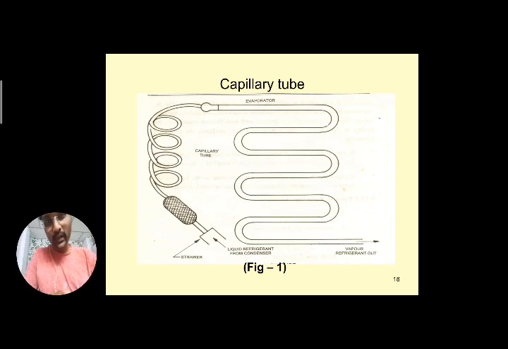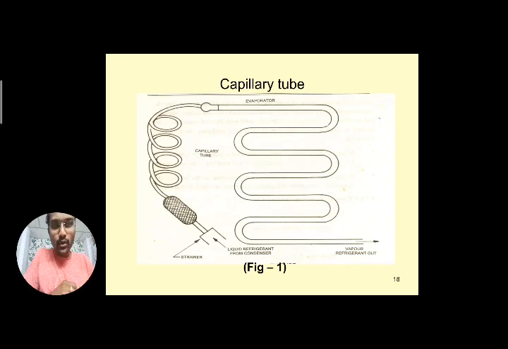As explained, this is the need of the strainer and dryer in the vapor compression refrigeration system. The strainer is like a net type of structure, which doesn't allow any foreign particles inside the capillary tube. The dryer absorbs any moisture content present in the liquid refrigerant. Some desiccant material is used inside it, so that it readily absorbs the moisture present in the liquid refrigerant.